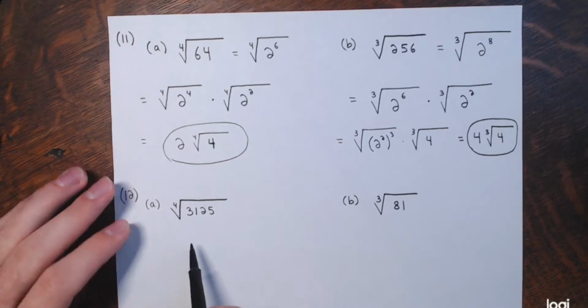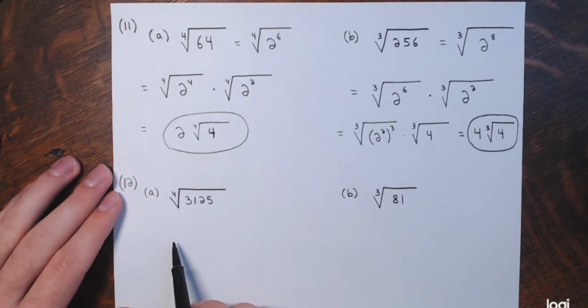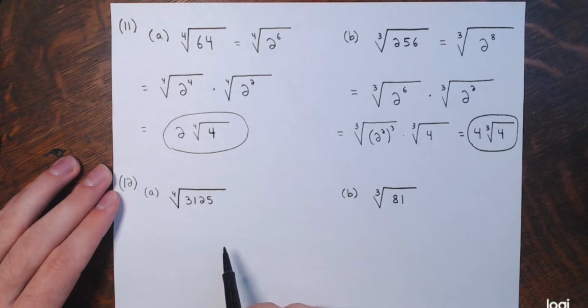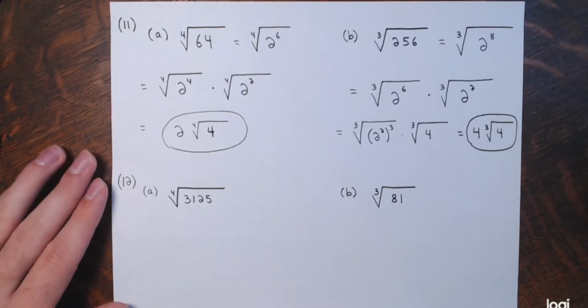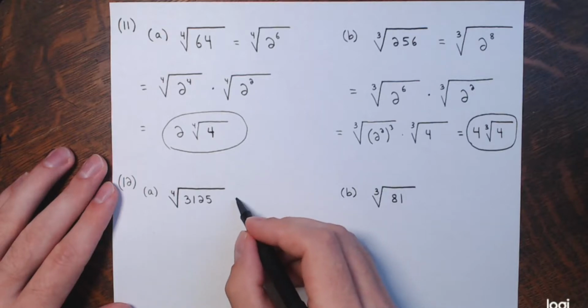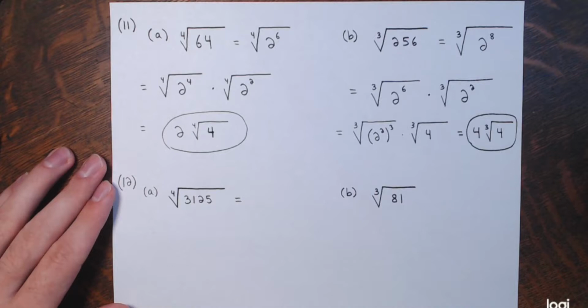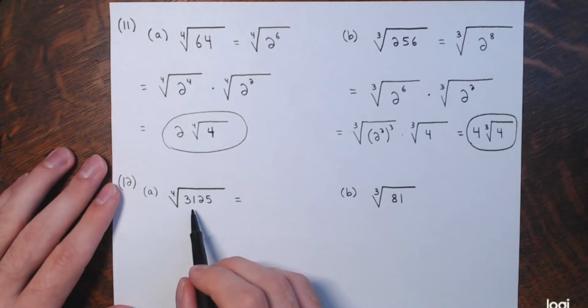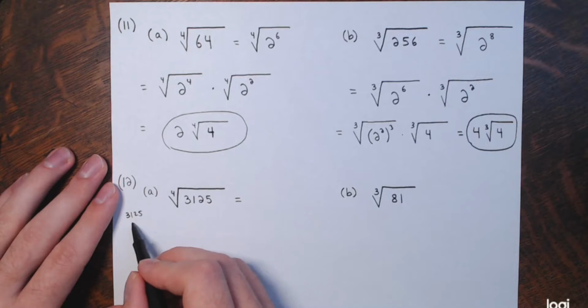Again, when I break it up, one radical is going to have all powers that are multiples of 4, right? 4th powers: 4, 8, 12, 16. The other radical is going to have powers less than 4, not 4th powers. All right, so first, let me break up 3,125 here. Let me do a little factor tree.